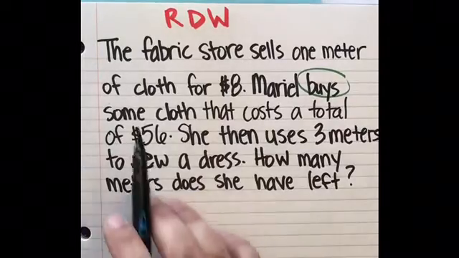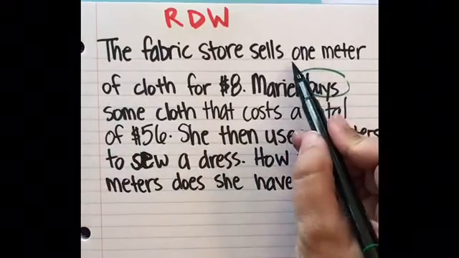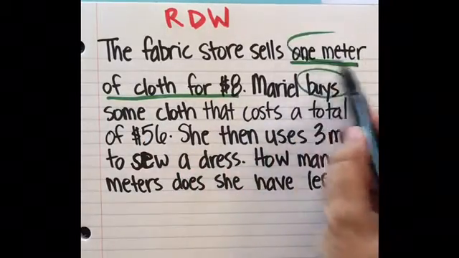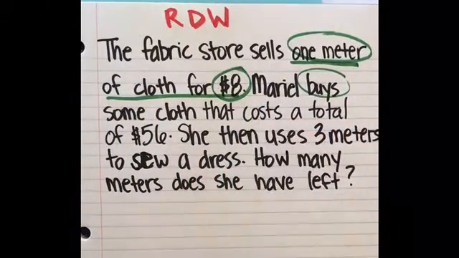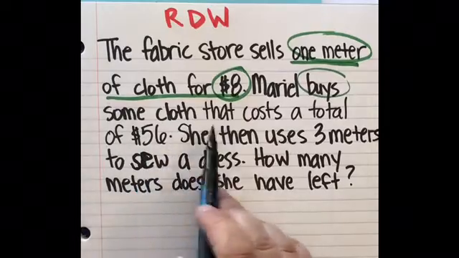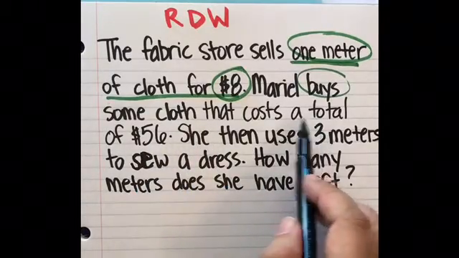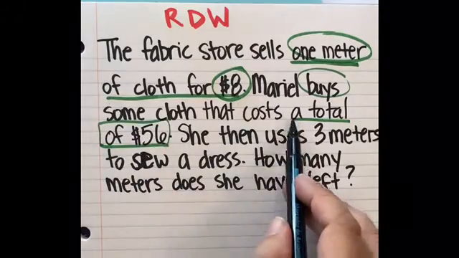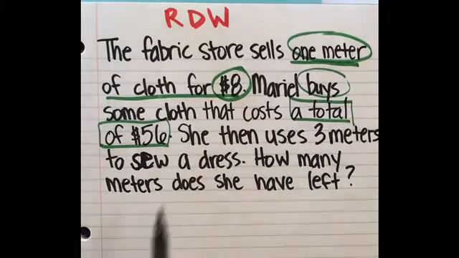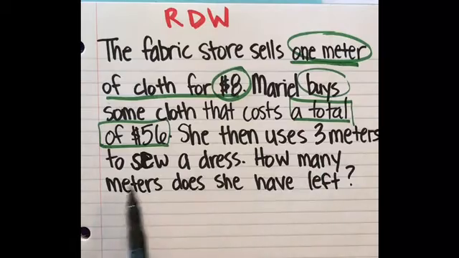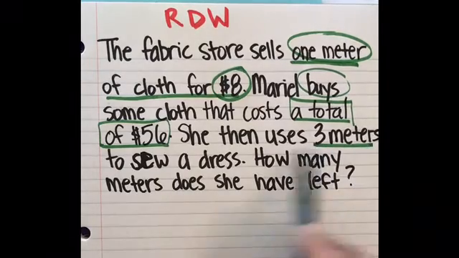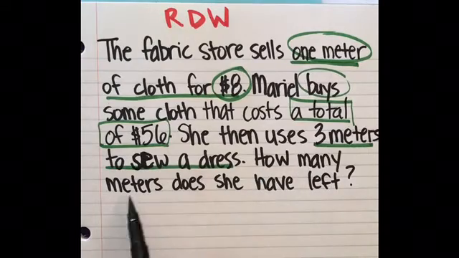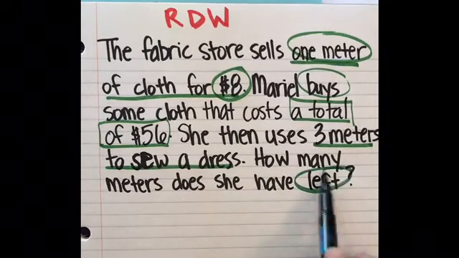All right, so the fabric store sells 1 meter of cloth for $8. So 1 meter for $8. She buys cloth that costs a total of $56. She then uses 3 meters to sew a dress. And our final question is, how many meters does she have left?